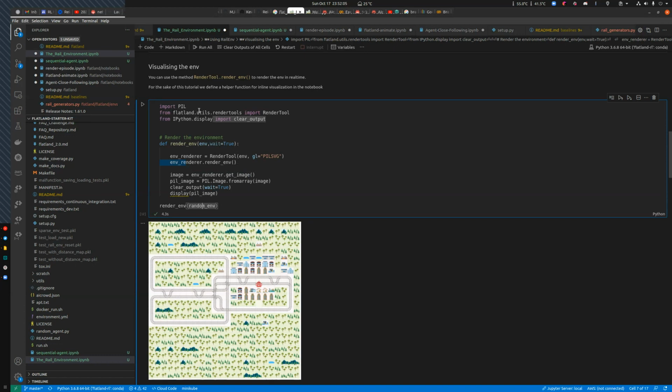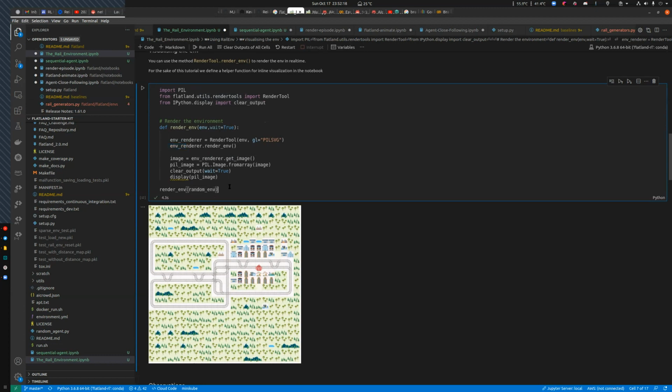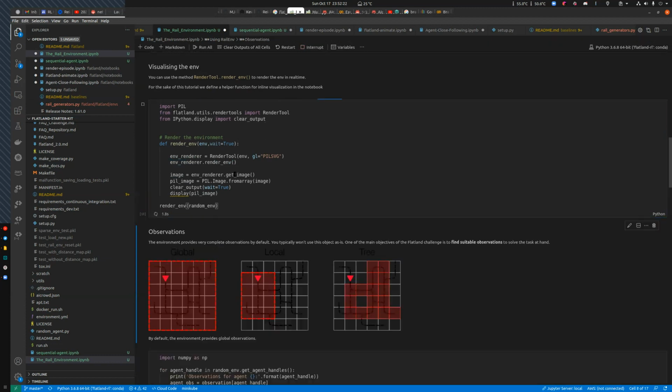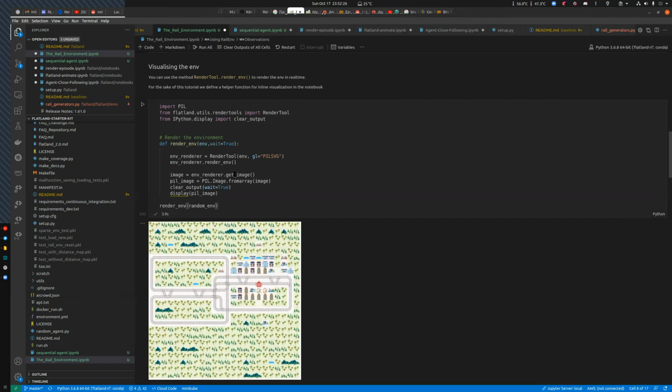So the flatland.utils.rendertools package has a RenderTool class that uses this to display it. So every time I run it, a new random environment will be formed.